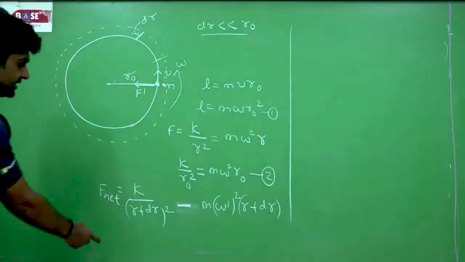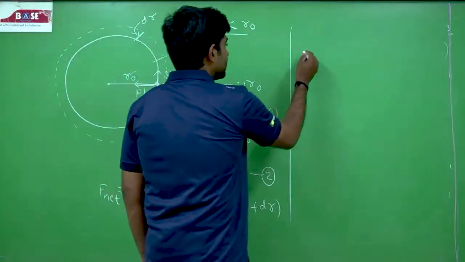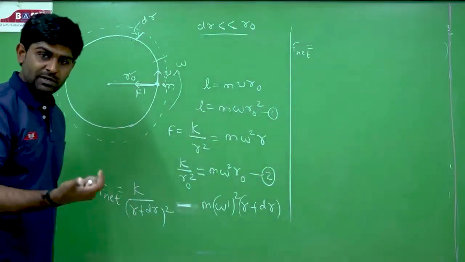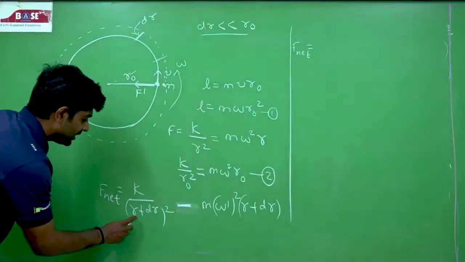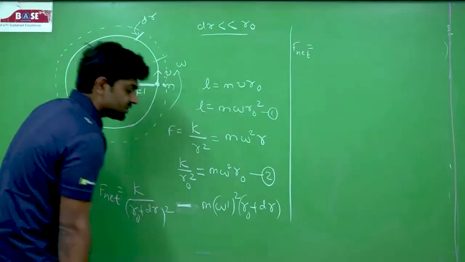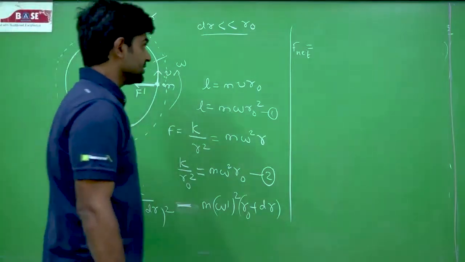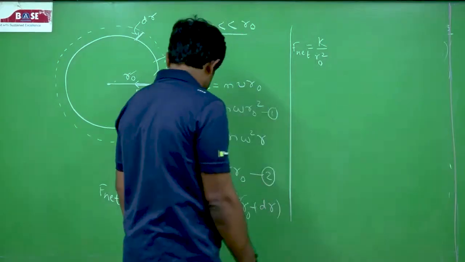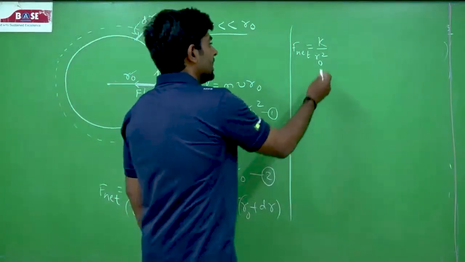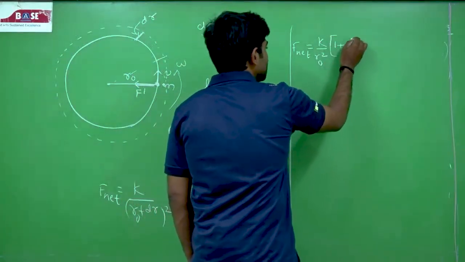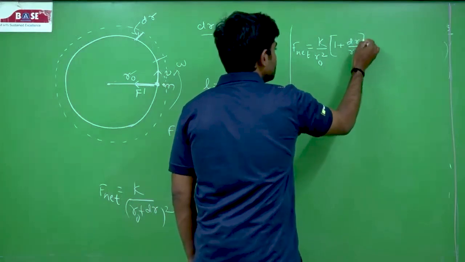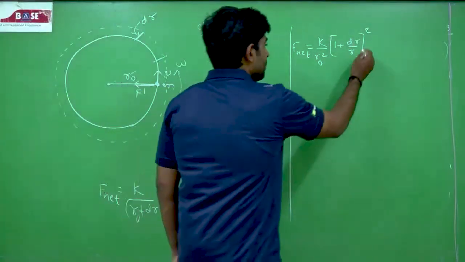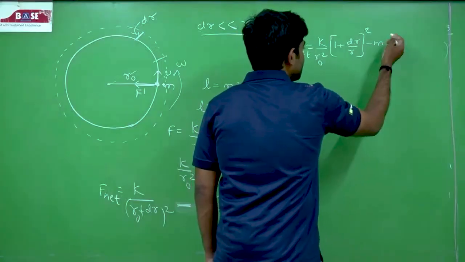Now with this logic in place, we can write the net force as equal to, with a little bit of simplification, calling this small r as R naught, K by R naught squared times 1 plus dr by r whole squared, minus m omega dash.